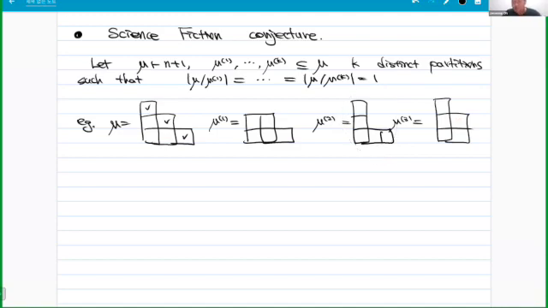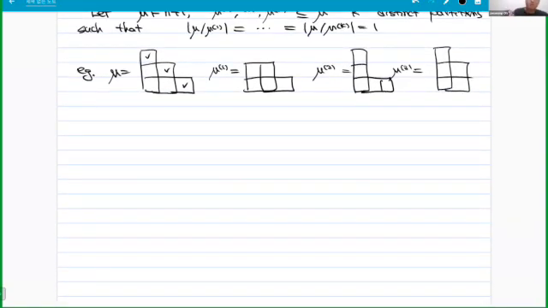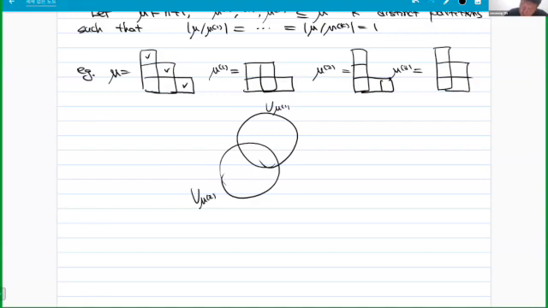So in some sense, these mu_1 through mu_k are similar. And the science fiction conjecture concerns the Garcia-Haiman modules of these similar looking partitions. So if you calculate the Garcia-Haiman modules V_mu1, V_mu2, V_mu3.